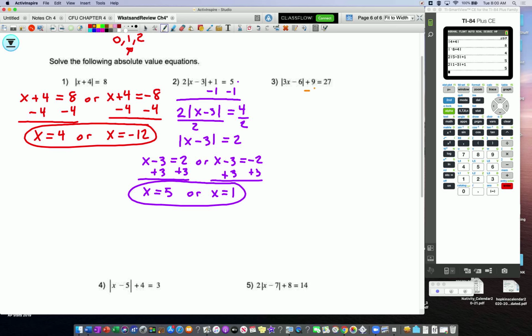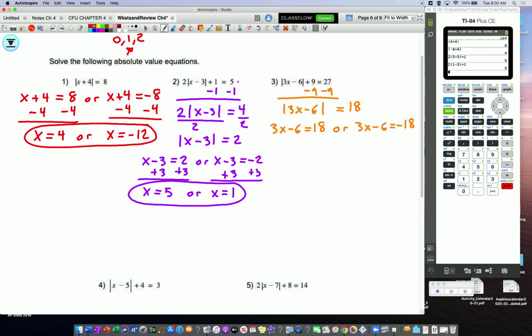All right, the next one. First of all, I'm going to subtract 9. So I have the absolute value of 3x minus 6 equals 18. So I have the absolute value by itself. What this means is 3x minus 6 is 18 units away from 0. So either 3x minus 6 is located at 18, or 3x minus 6 is located at negative 18.